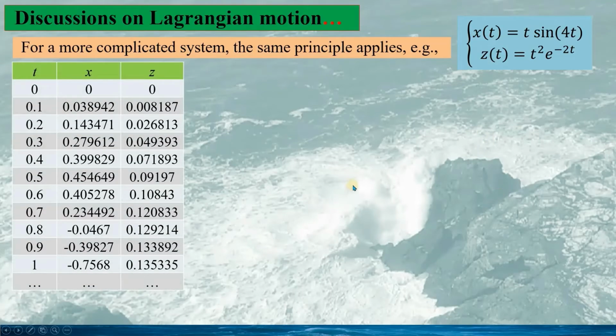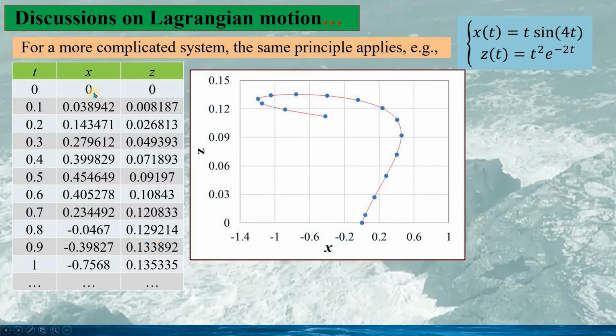Instead, we can still draw the trajectory if we use different t, here t from 0, 0.1 to 1. And we can get the corresponding x in this column, z in this column. And then we can use the corresponding values of x and z to plot the trajectory as this.